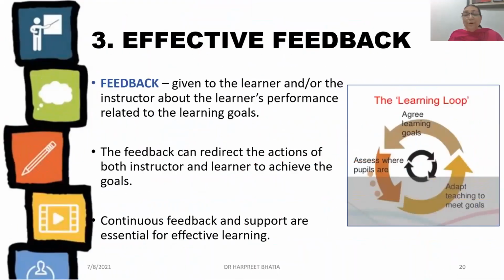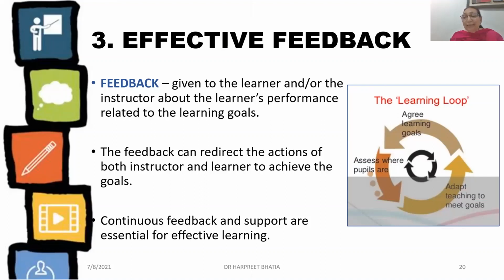The most important component of blended learning is effective feedback, what we give to the learner regarding his or her performance. And a very important aspect of the learning loop is assessment and feedback.